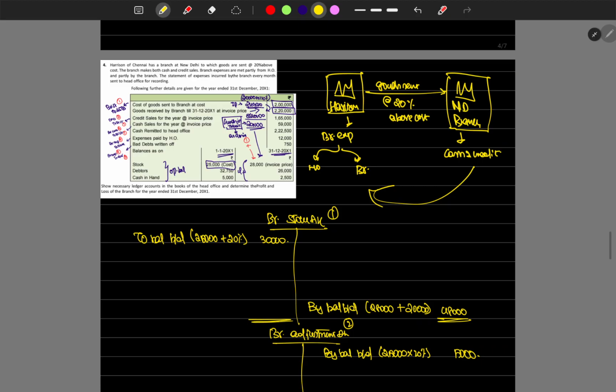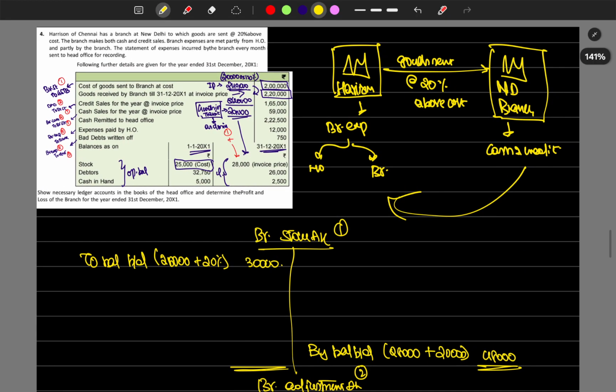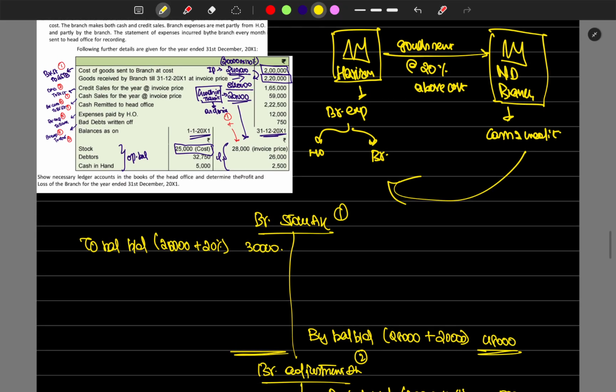Then one by one we'll start with the line items given in the table. Goods sent to branch at cost, so we have to show it under the IP price, which is to goods into branch account, which has to be shown under the cost 2 lakhs, but we also have to show branch adjustment, right? You know the journal entry I've shown you, branch adjustment account, which is 40,000.